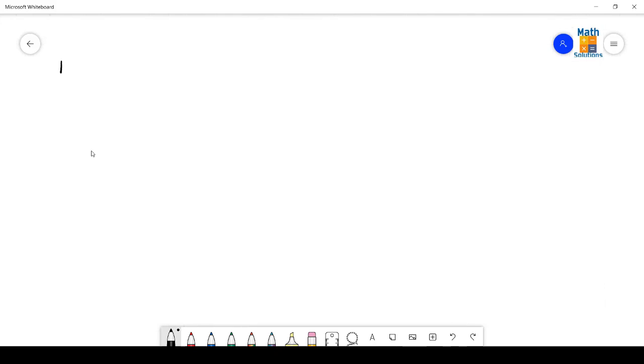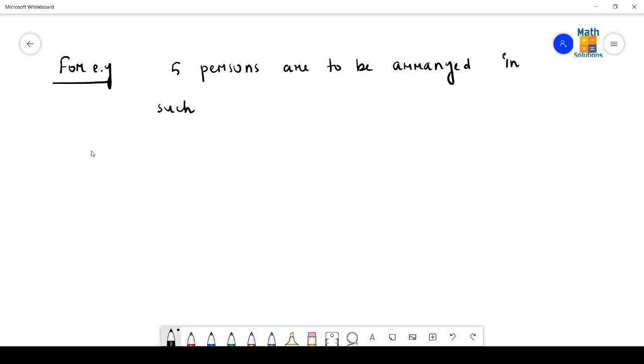Say, for example, suppose 5 persons are to be arranged in such a way that they can sit in a row.